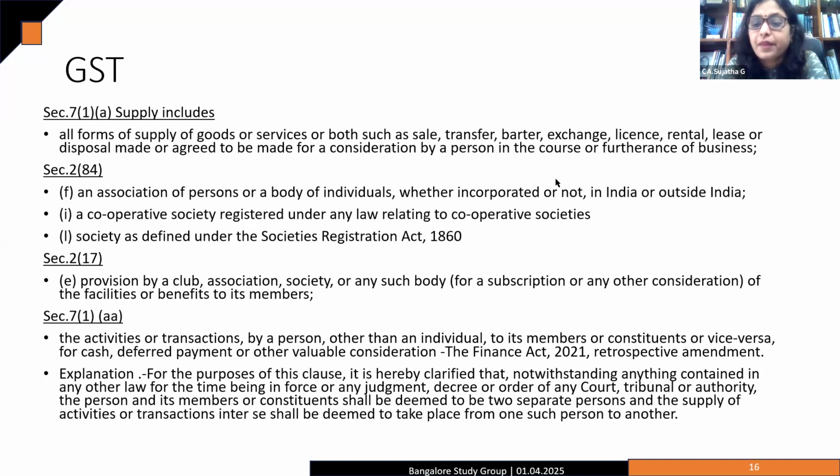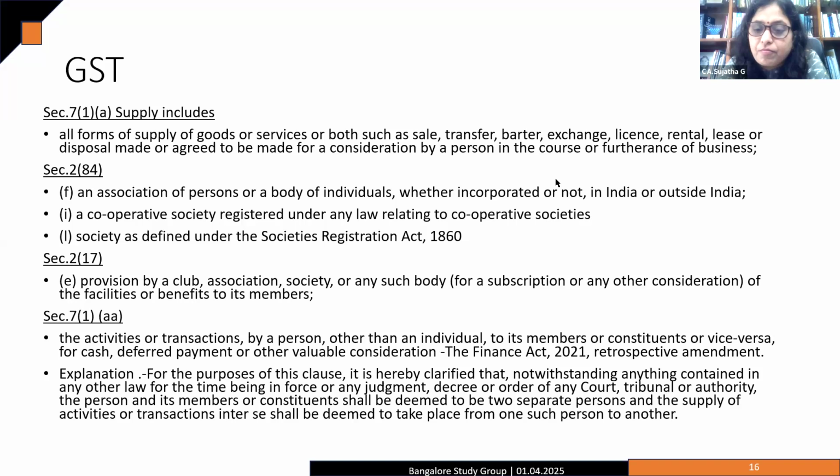Now, when you see section 7, which is the charging section, the scope of supply is definitely the activities listed in 7(1)A, by a person. So the person was definitely covered in 2(84). You are saying that 7(1)AA is not required because 7(1)A includes "by a person". But in 7(1)AA, "by a person" is there, but "to its members".